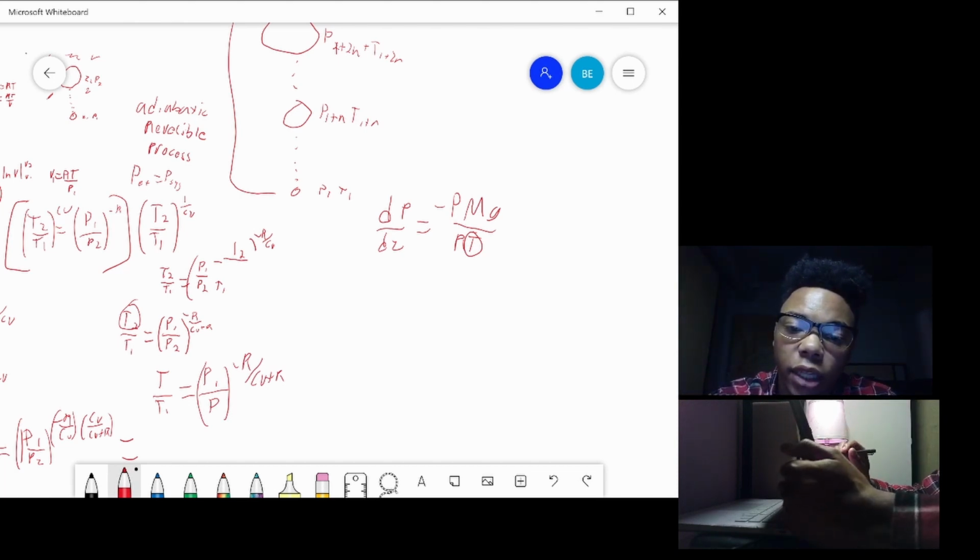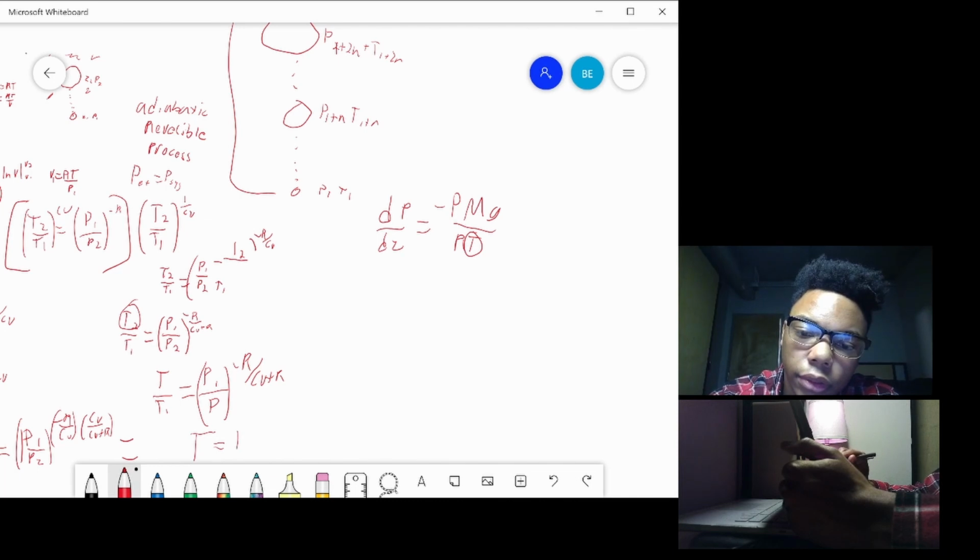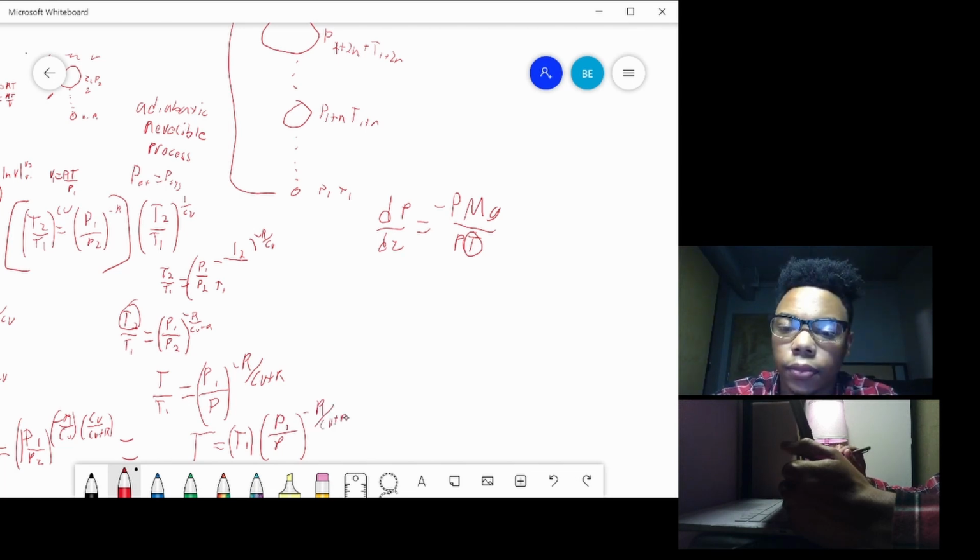And so since we know that T is equal to this T, we're going to get that T is equal to T1 times P1 over P to the negative R over CV plus R.